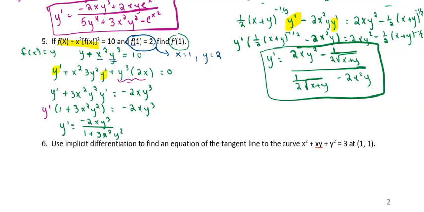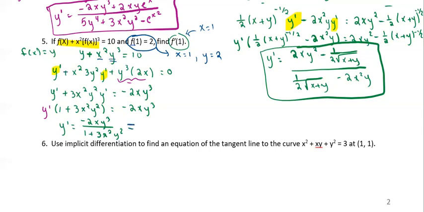So we're trying to find the derivative. What this means is find the derivative when x equals 1. So that means we can take our values for x and y and substitute them in, and that will give us the derivative when x is 1 because we're using the x value of 1.